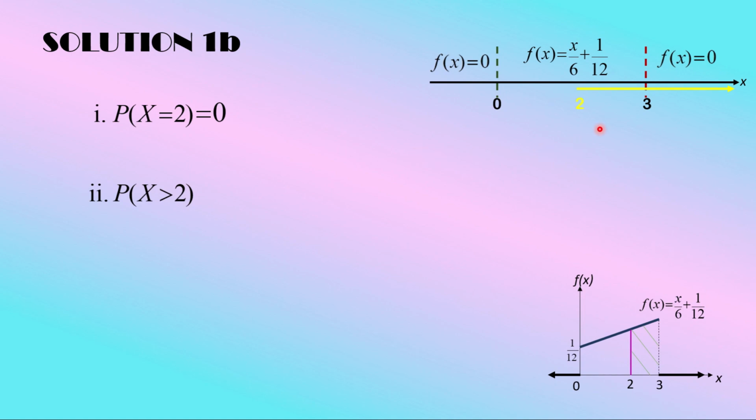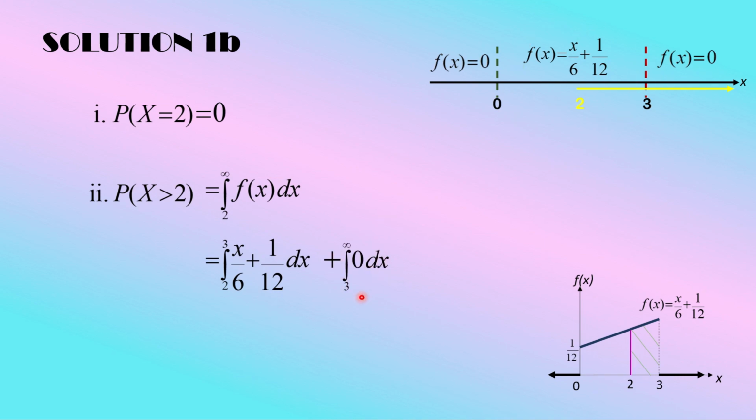So, to find the probability, the integration of the probability density function must be done from 2 to infinity of the function f(x). Then integrate in the following intervals. First, integrate from 2 to 3 the function x over 6 plus 1 over 12. And then integration from 3 to infinity for the function 0.